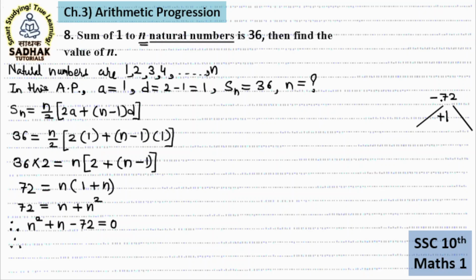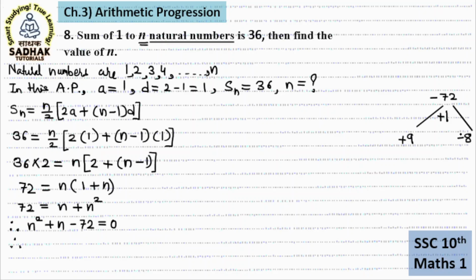So we have to split this third term, minus 72. We have to find the factors of minus 72 in such a way that their addition is the coefficient of the middle term, which is plus 1. So what are the factors of 72 which will give us plus 1? We know that 72 comes in the table of 9, 9 eights are 72. Now because it is minus 72, one of these numbers is negative, and their addition is positive. That means the bigger number should be positive and the lesser number must be negative.